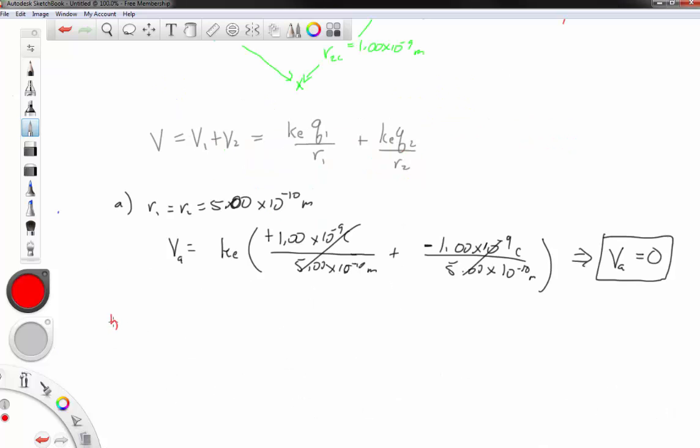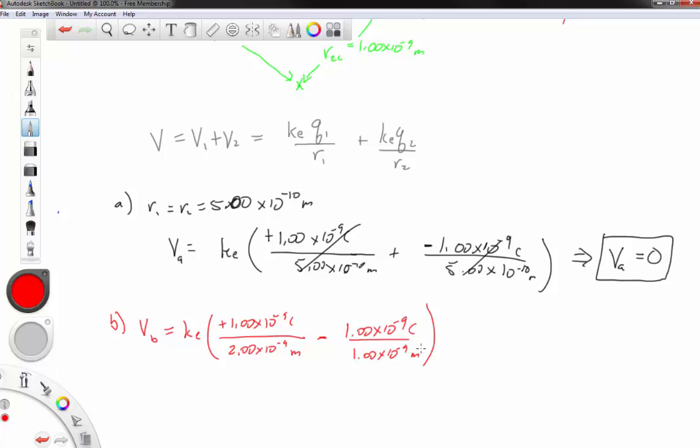All right, for B, what this looks like is that VB is KE times plus 1.00 times 10 to the minus 9 coulombs divided by 2.00 times 10 to the minus 9 meters minus 1.00 times 10 to the minus 9 coulombs over 1.00 times 10 to the minus 10 meters.